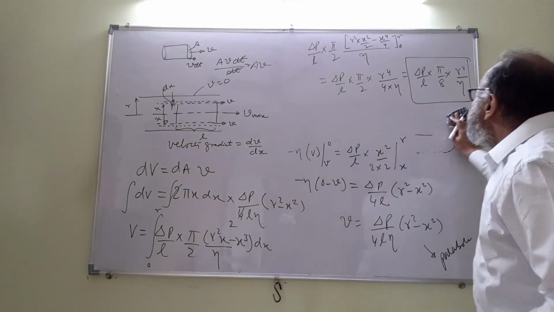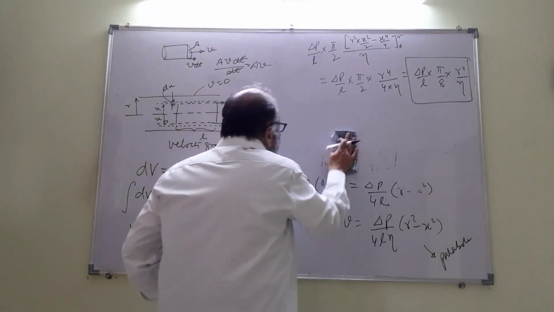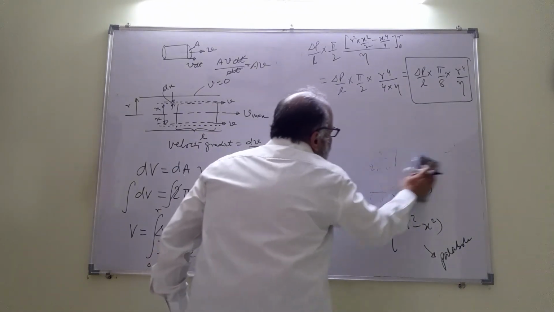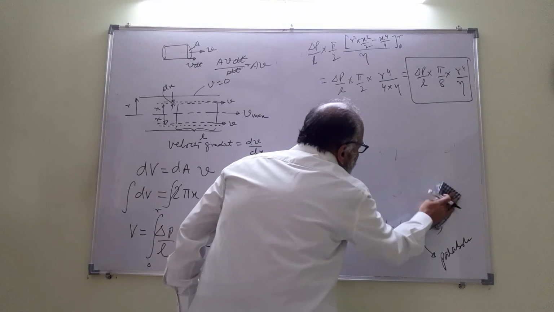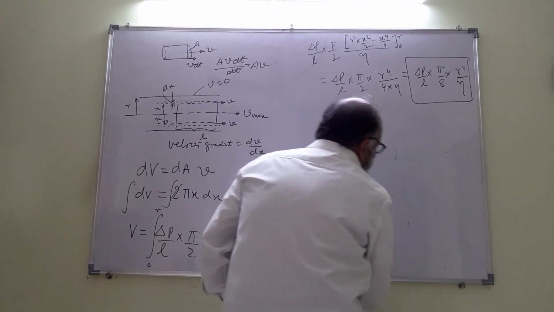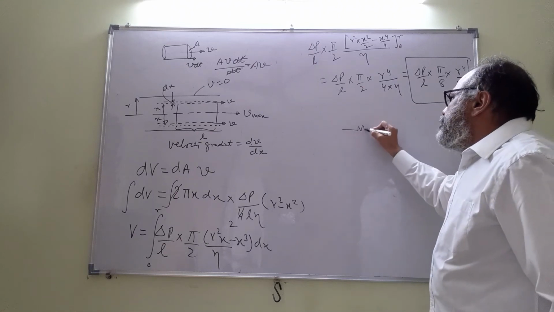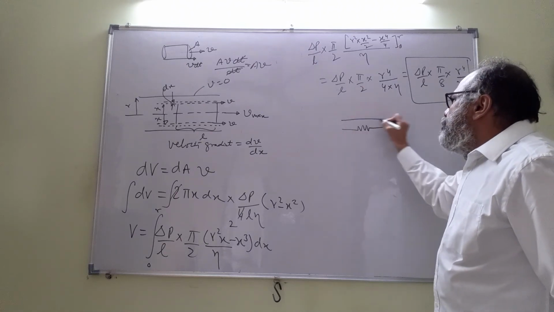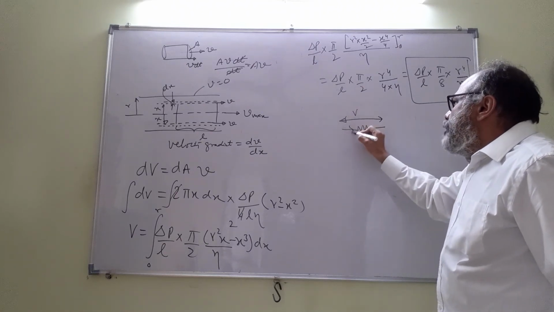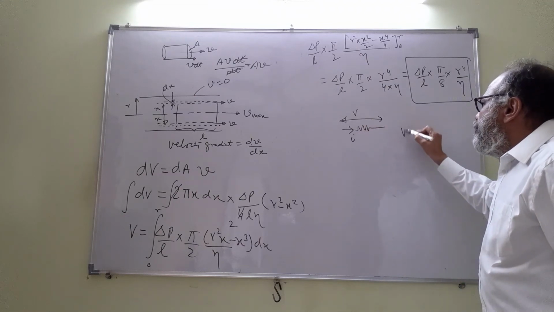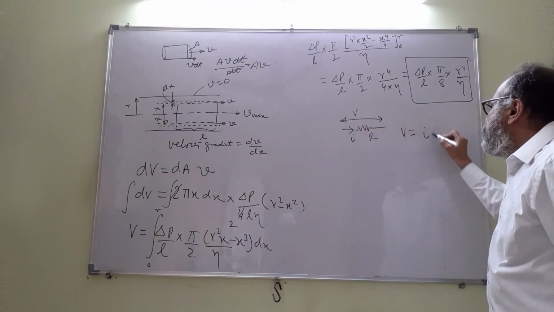Now this Poiseuille's equation can be compared with Ohm's law. Very interesting. Ohm's law says if you have a resistor and the potential difference is V, and the current flowing is I, then V equals IR.